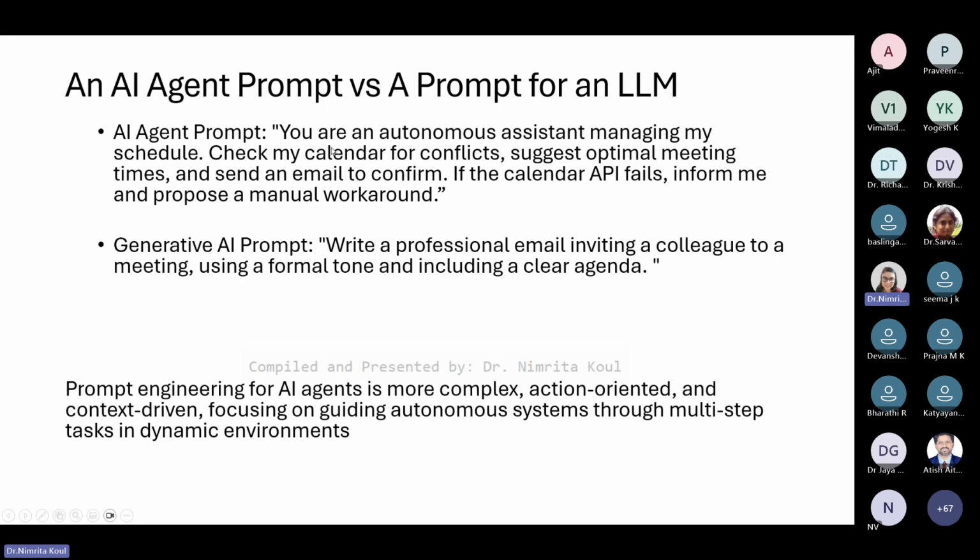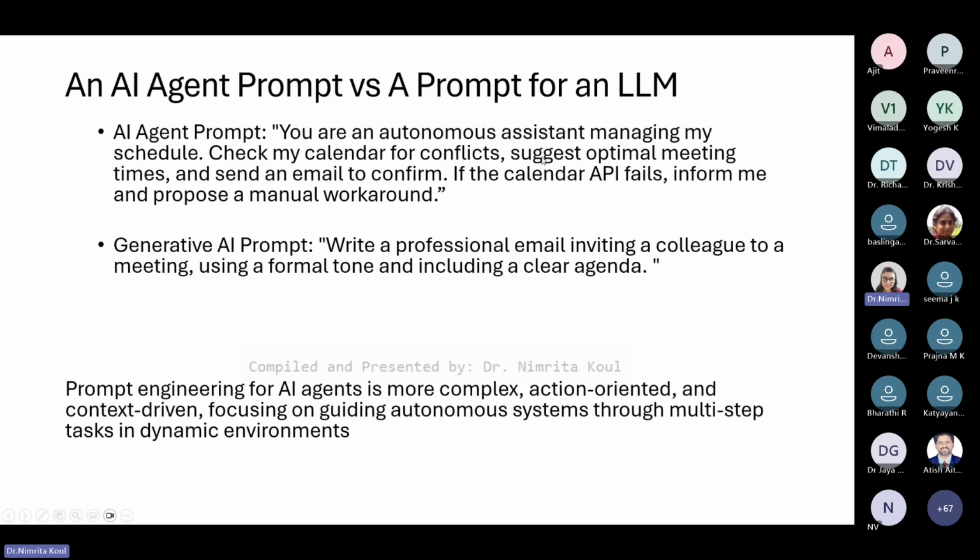Now, here is the prompt for an AI agent. It is telling: you are an autonomous assistant managing my schedule. So I have told it what its role is, what its persona is. Check my calendar, which means it has to call the Google Calendar API and see if there is a conflict. This is a tool call, this is data analysis.